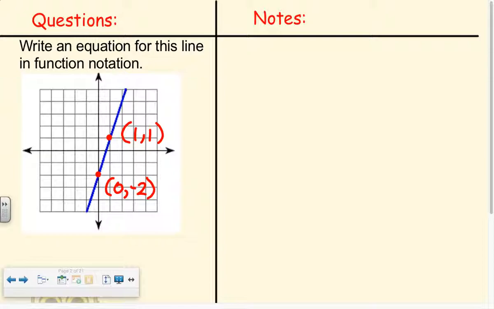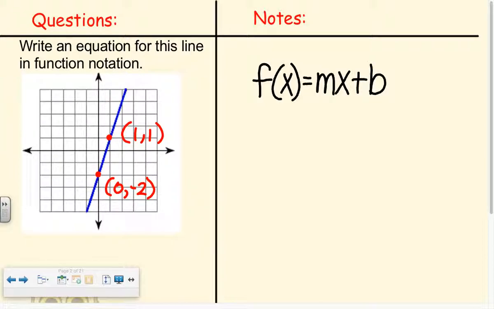On every slide, I'm going to write our slope-intercept equation. Remember that m is rise over run, and b is our y-intercept.